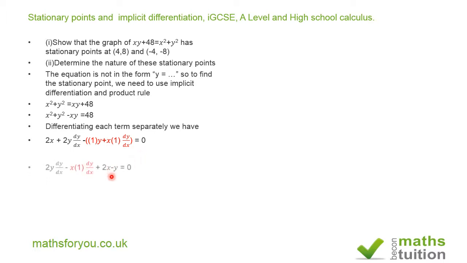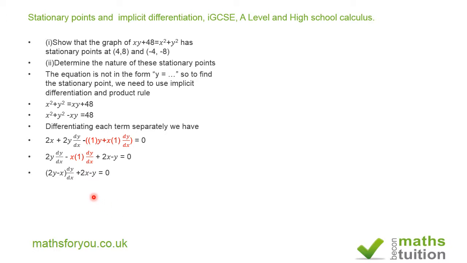If we then collect like terms, we have 2y dy/dx minus x dy/dx plus 2x minus y is equal to 0. If we then factorize these two terms, we end up with 2y minus x times dy/dx, plus 2x minus y is equal to 0.